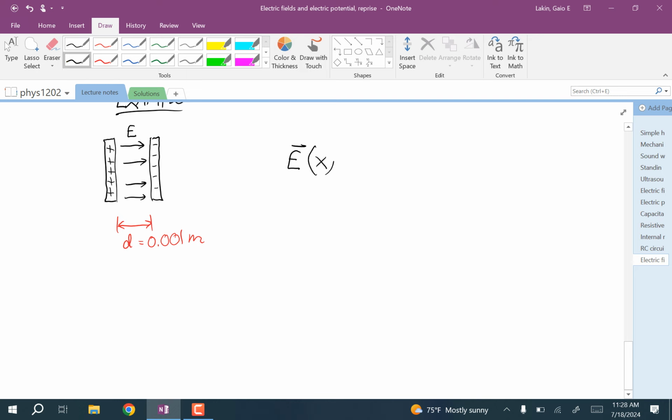And we want to know what's the stored charge of moving one electron from the positive plate to the negative plate.